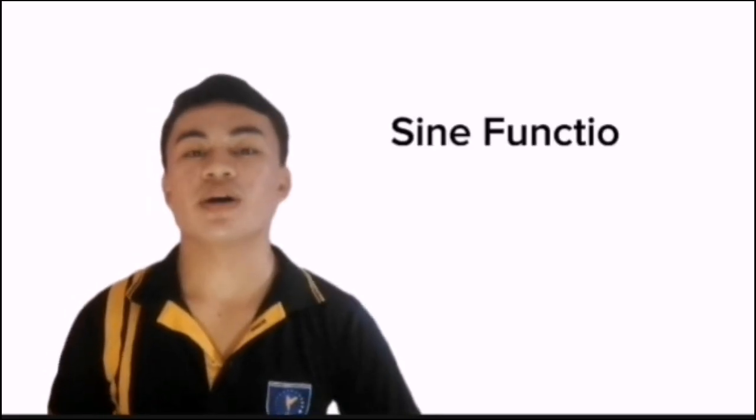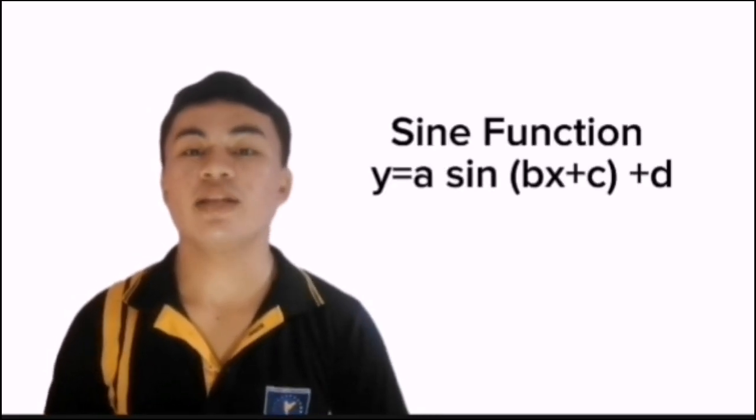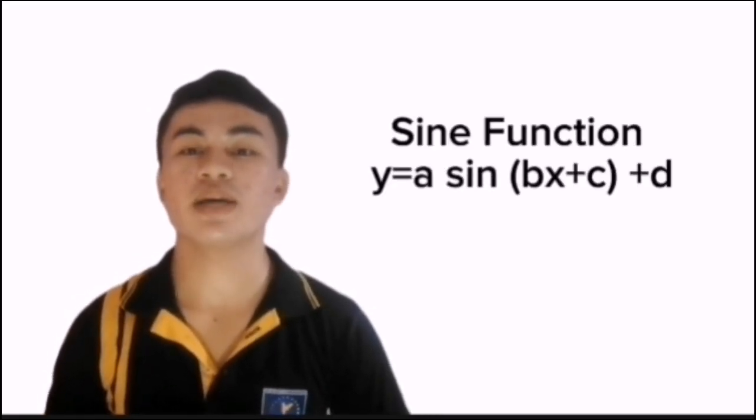Each of these functions has unique graphical characteristics that are based on their amplitude and periodicity. There are two fundamental functions. These are the sine and the cosine, which can be defined as follows. Sine function: y equals a sine (bx plus c) plus d.